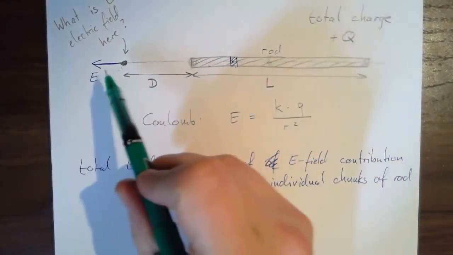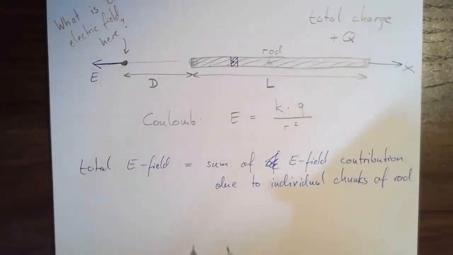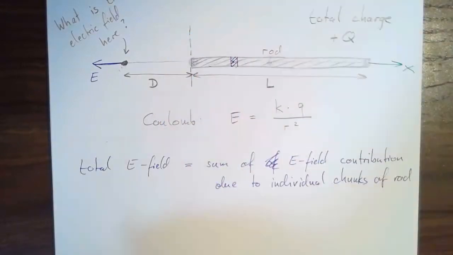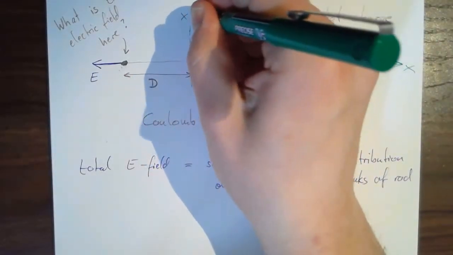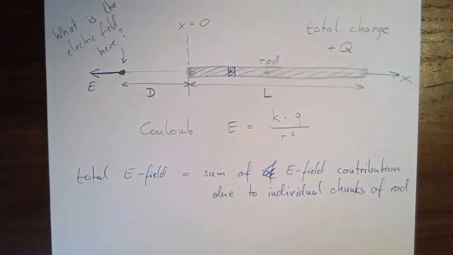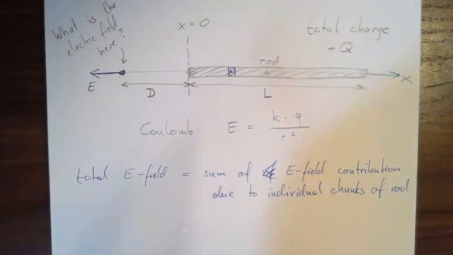Let's call this our x-axis. I'm going to say this point where the rod starts is the position x equals 0. That's an arbitrary choice. I made the choice. That's how I'm going to label positions in my setup.